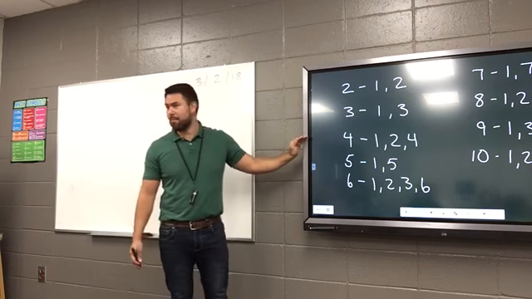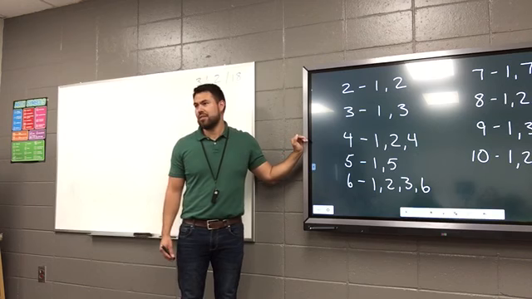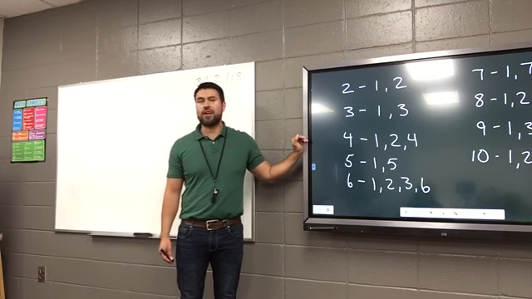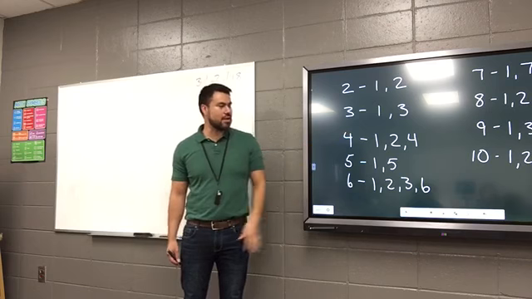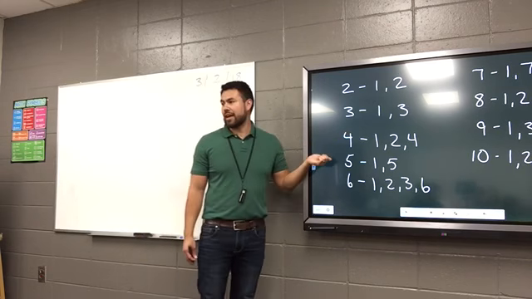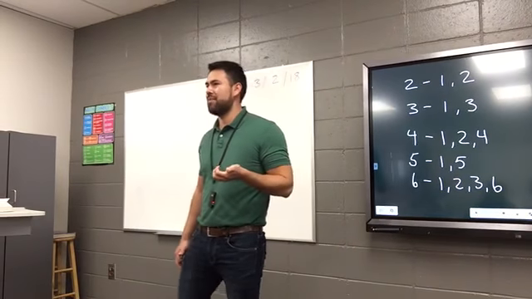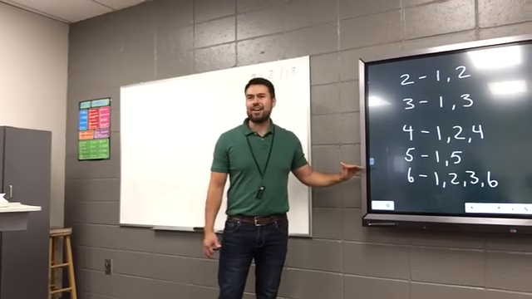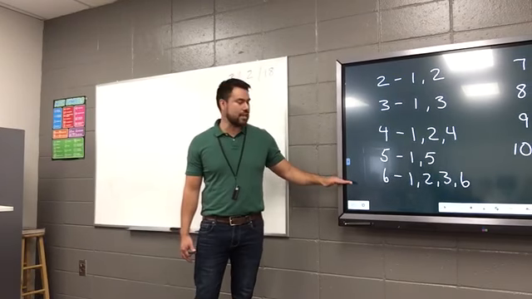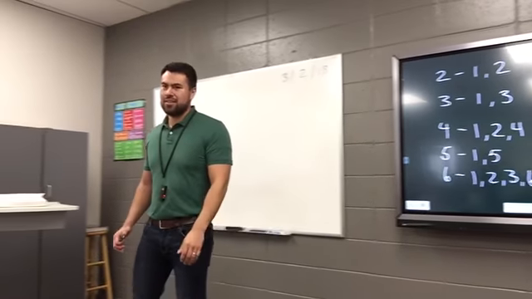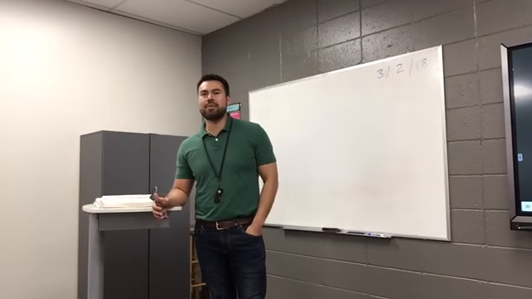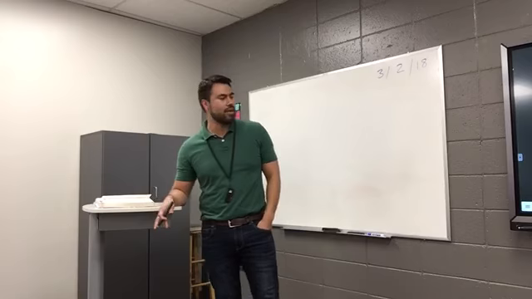Matt, why is 4 composite? Because it has more than 2 factors. Good. It has 1 and itself, but it also has another one too. Jack, 5 is prime or composite? Prime. Lily G, is 6 prime or composite? Composite. Why is it composite, Emery? Why is 6 composite?